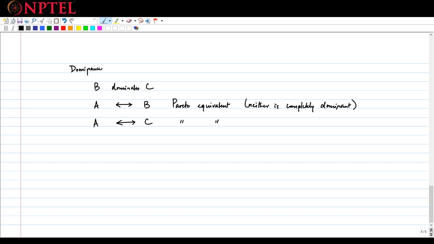In this particular case, even though A and C are Pareto equivalent, I have another solution B. So as long as B is there in my mix, there is no point in retaining C, because anywhere where you would want to use C as the solution, you can always say, look, I would much rather go with B, right? It's also there. In all the metrics that I'm interested in, B is better than C. Therefore, it is a superior solution.